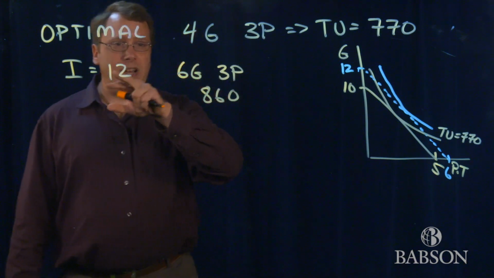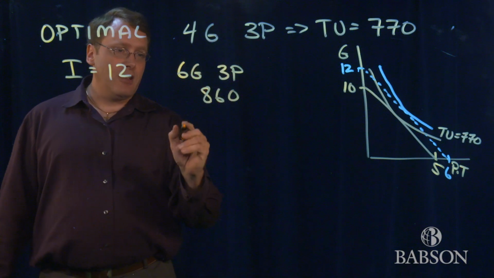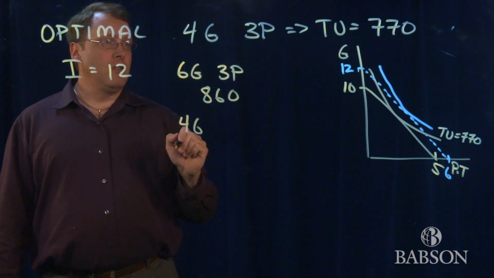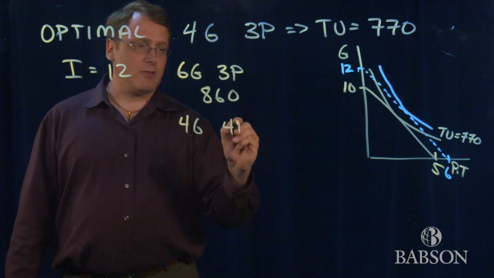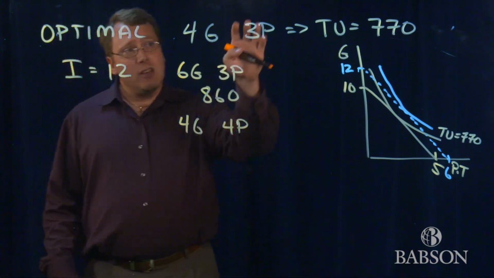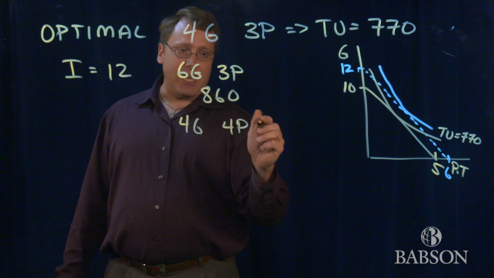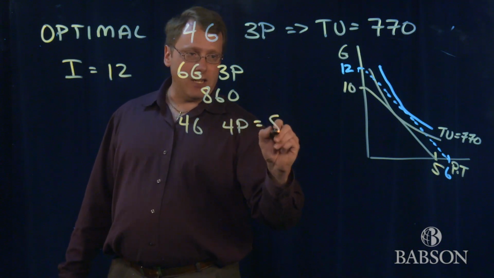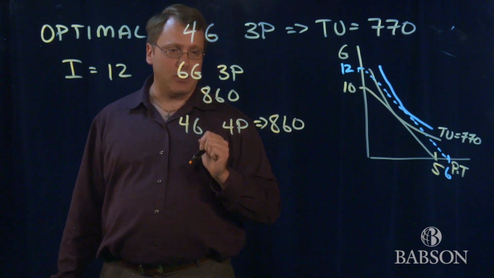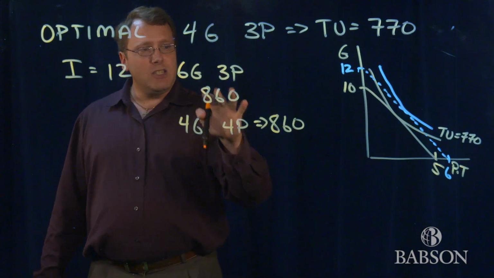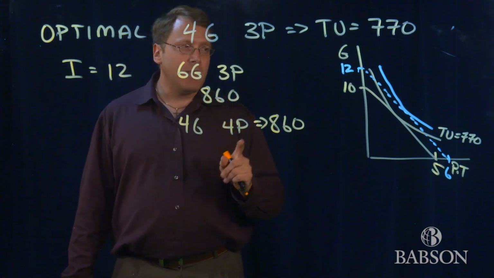The other way we could spend those extra $2 is to get 4 ounces of granola and 4 Pop-Tarts. Well, what would that do? Remember, that last Pop-Tart allows us to now get 860 units of utility. So you see that these two are exactly the same.